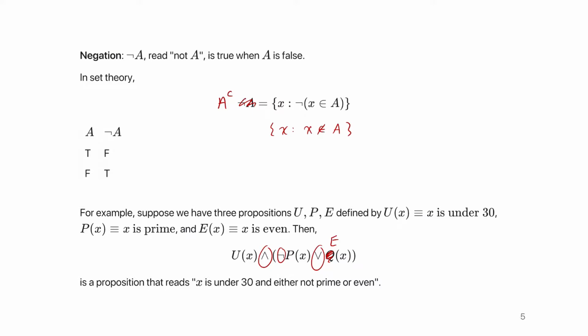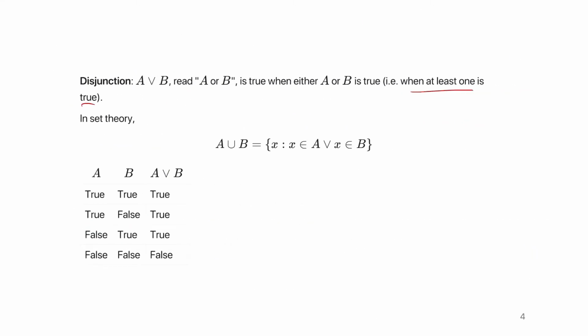Yeah. The reason I wrote either is to differentiate it, because a lot of times when you hear or in regular English, you'll think it's one or the other, but not both. And so that's an important distinction you need to make. Our or allows both to be true, unlike conversational English.